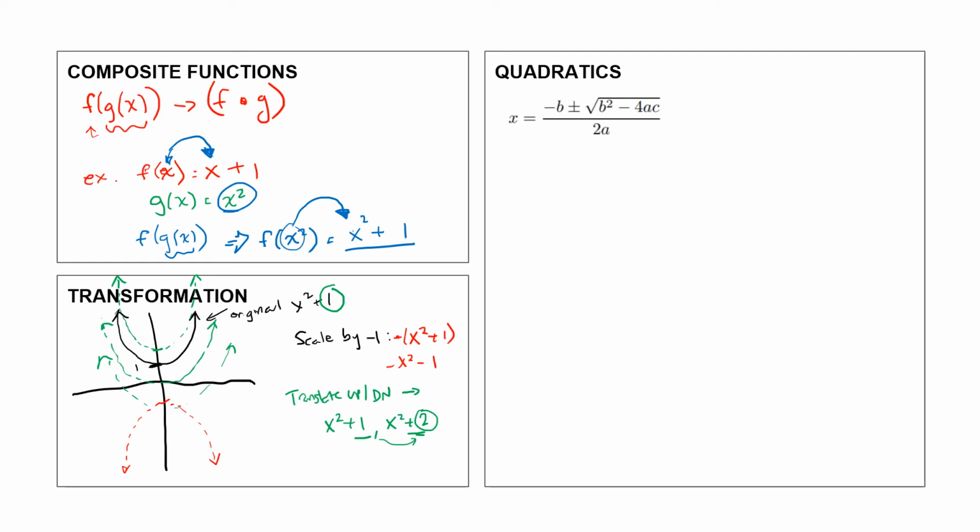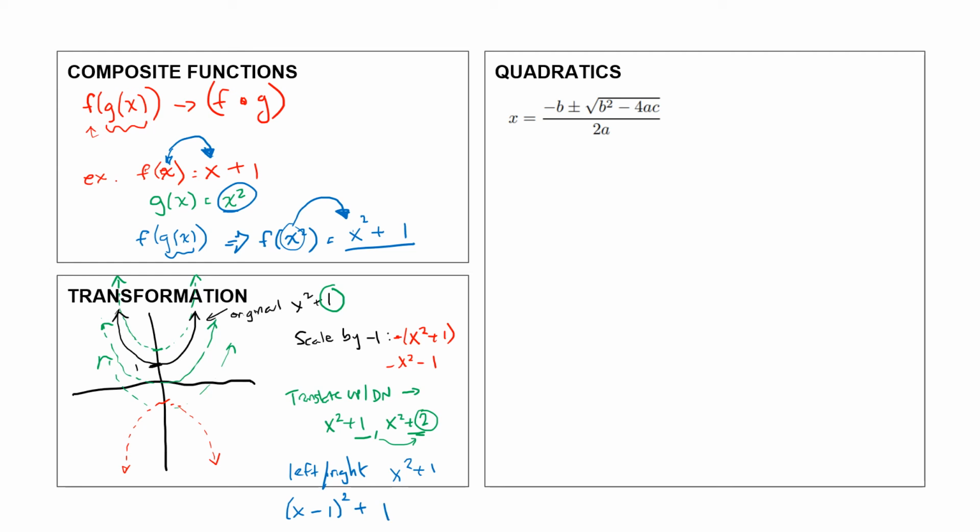Now, the last shift we can do, I'll do this one in blue, is left or right. So what that looks like typically is instead of just the x squared plus 1, that was the original, we can say x minus some constant, we'll say x minus 1 squared plus 1.